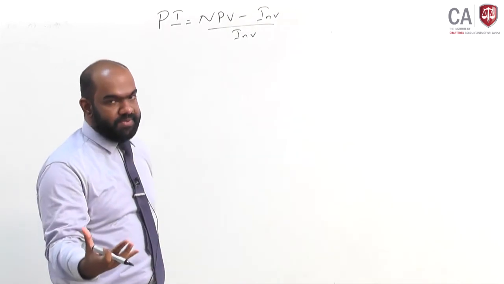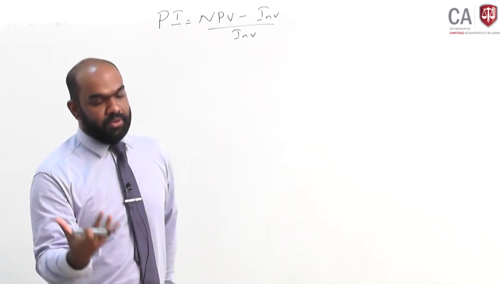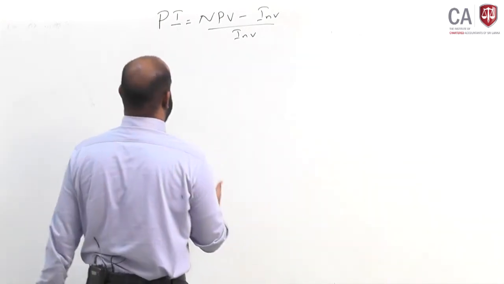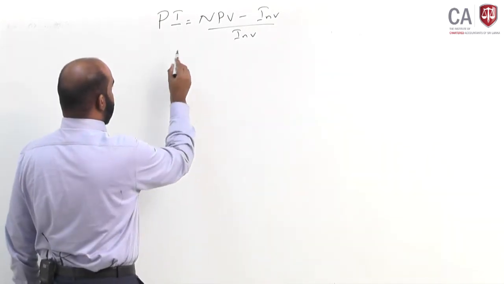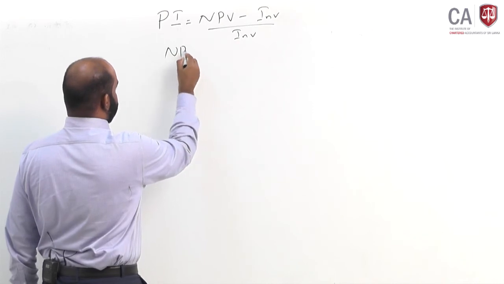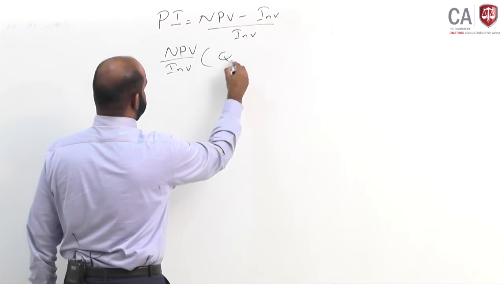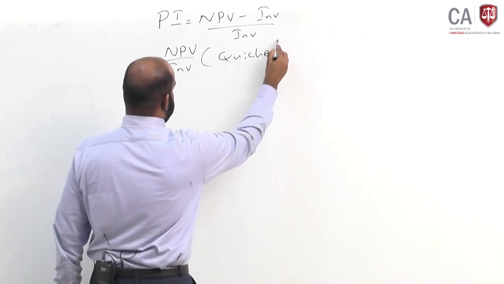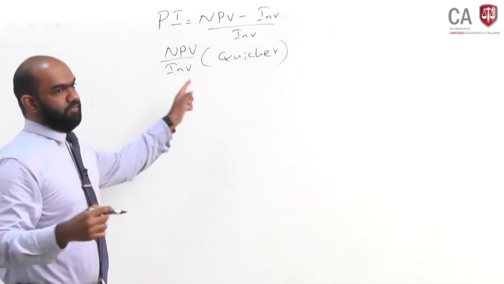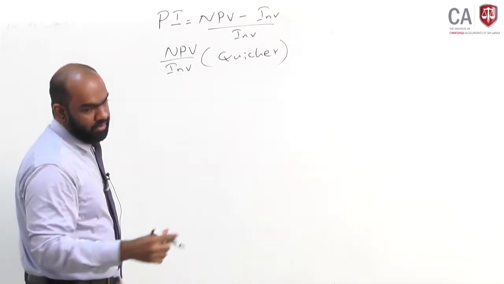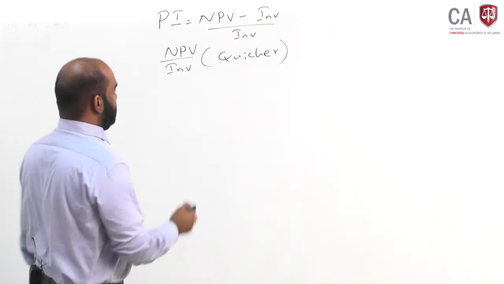Since this is an MCQ, you don't need to show workings. Therefore, I would calculate this in a slightly different way. I'll just take NPV over investment and calculate this quickly. This is quicker. This is not how it's defined, but it results in the same ranking. That's the reason. So P1, P2, P3, P4.